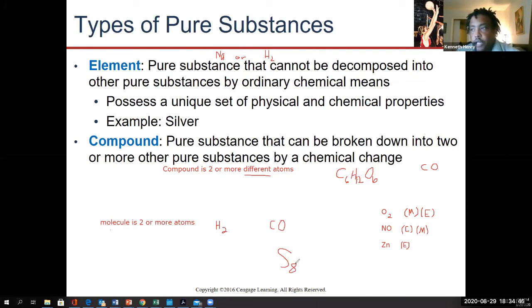So is that a molecule? Yes. Is it an element? Yes. Is it a compound? No. Okay, that's right. So, piece of cake? Yes. Okay.